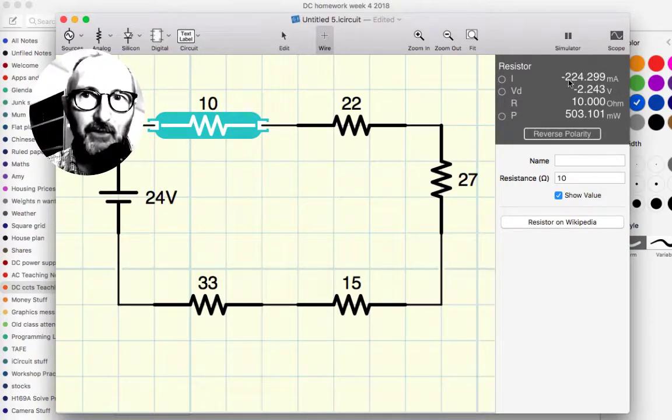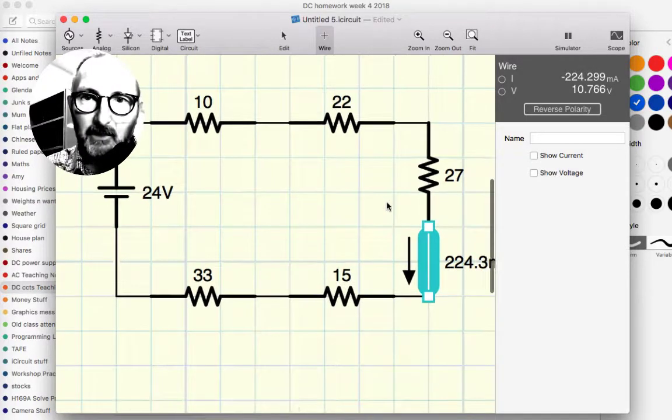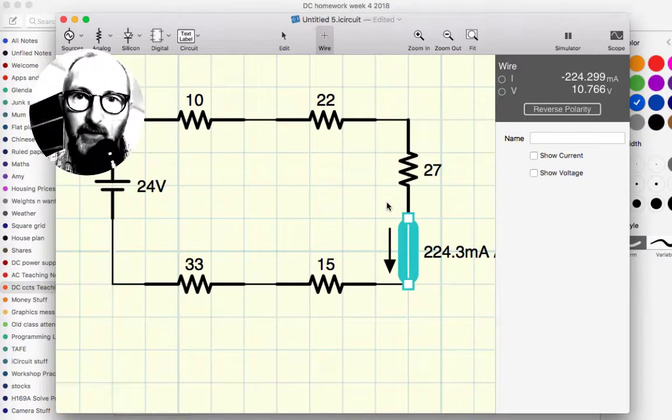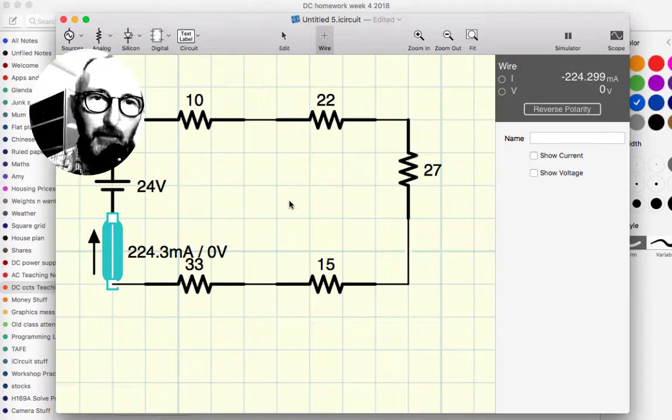Again, they all have the 224.3 milliamps, and we can even see that if we go to a piece of wire in the circuit and shrink that circuit down a little bit, we can see 224.3 milliamps traveling at all points in the circuit.